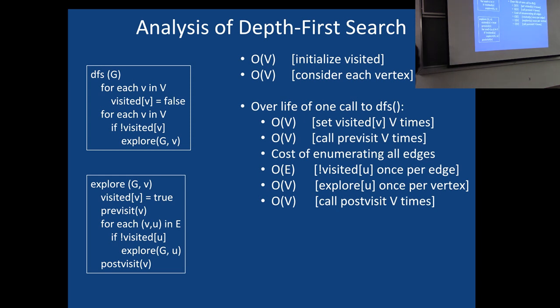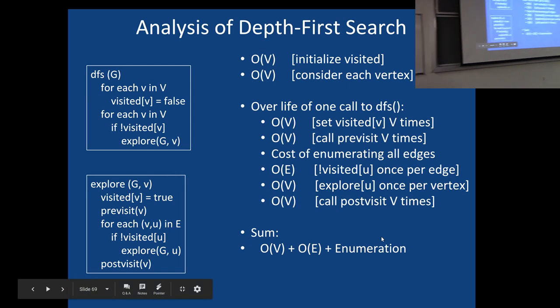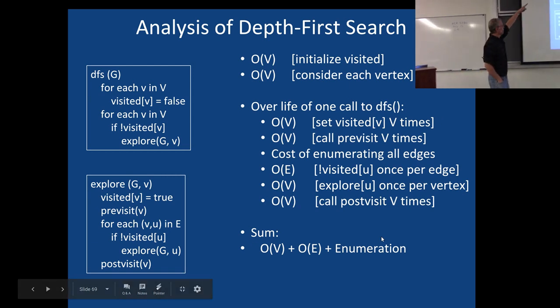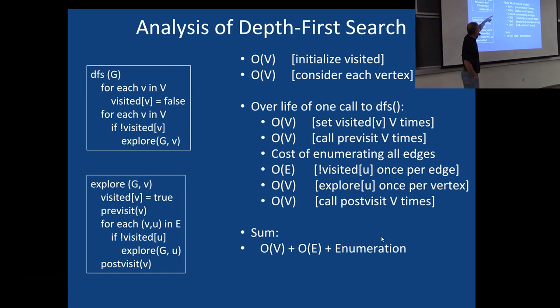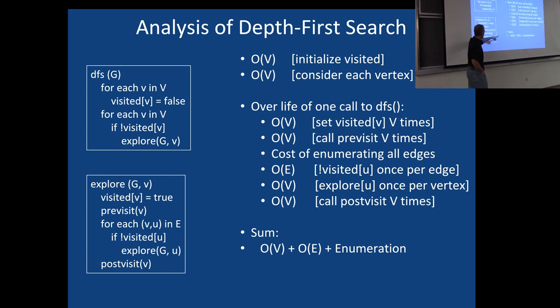So what's left if we want to compute the complexity? Add it up. Okay, so if we add it up, we've got a bunch of O of V's and a bunch of O of E's. So we get O of V plus O of E, plus the cost of enumerating all the edges.